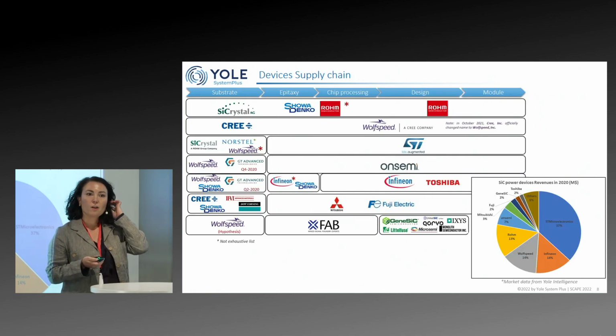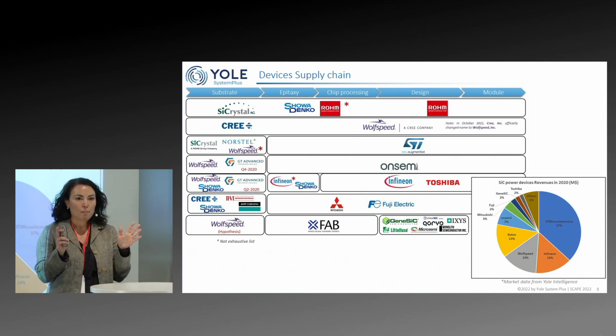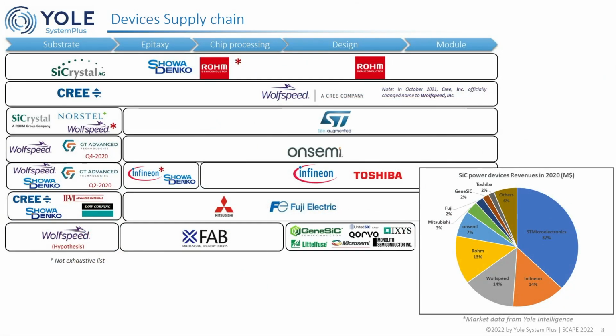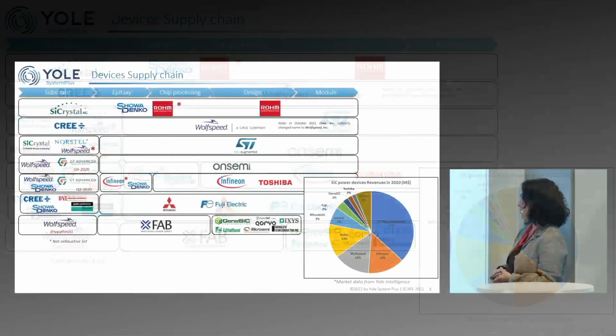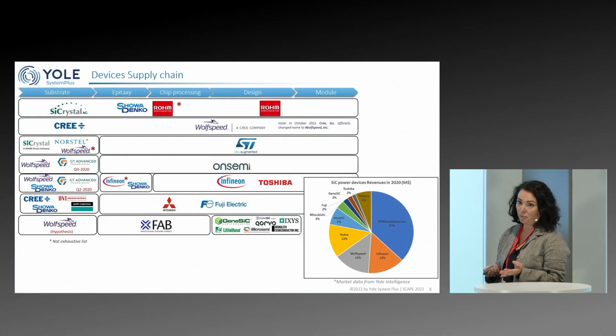In terms of supply chain, here is a mapping of the actual supply chain, from the supplier of substrate, who is playing with whom. And what's interesting to see is who has the main revenues. This is data from Yole Intelligence: who are the main revenues in 2020 on silicon carbide power devices.